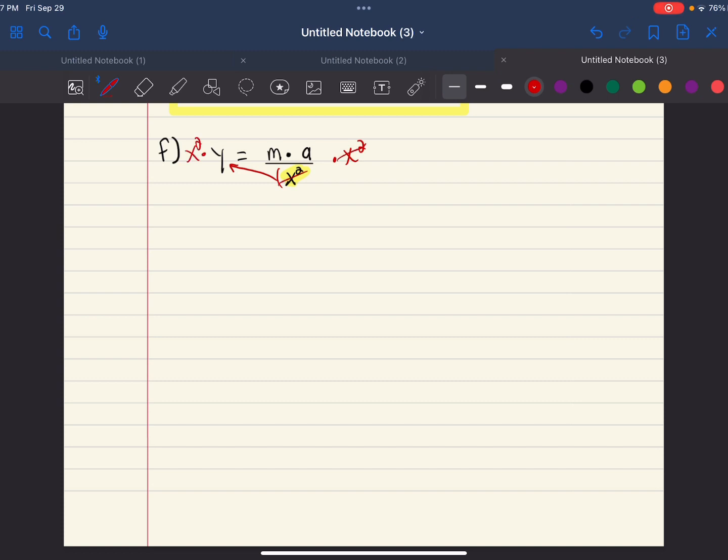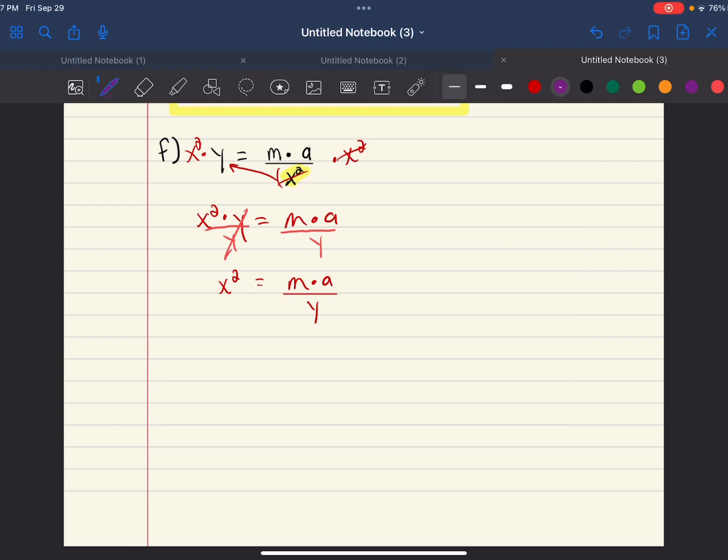Okay, that'll cancel this. Now I've got x squared times y equals m times a. And then I'm going to divide both sides by y. And that's going to give me x squared equals m times a divided by y.